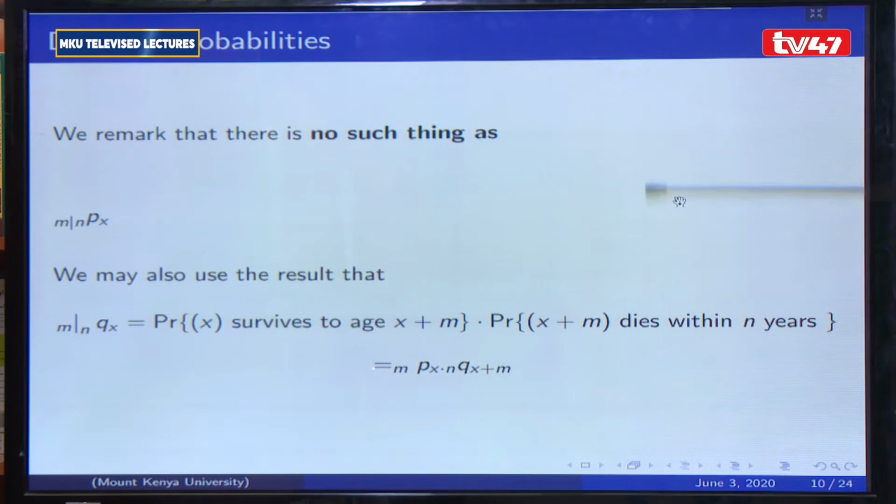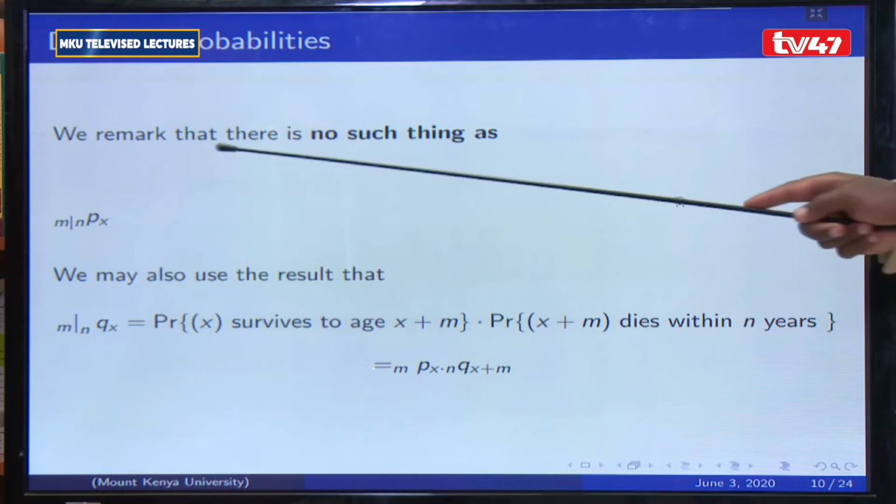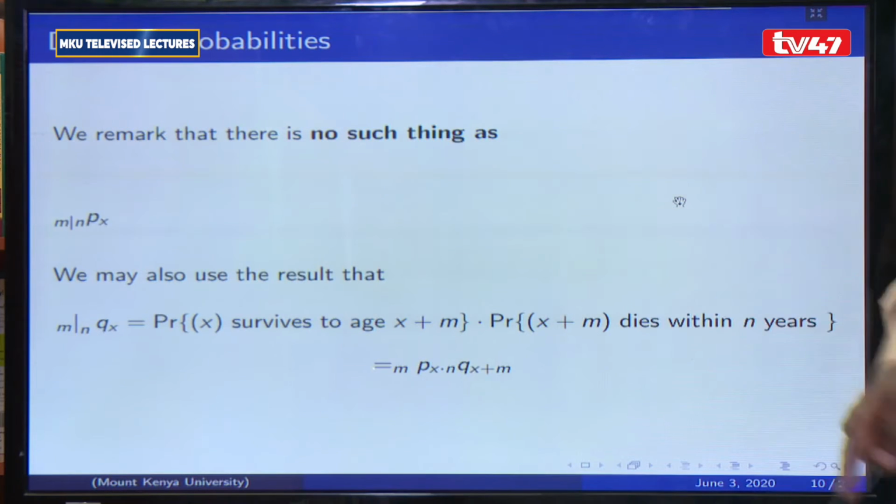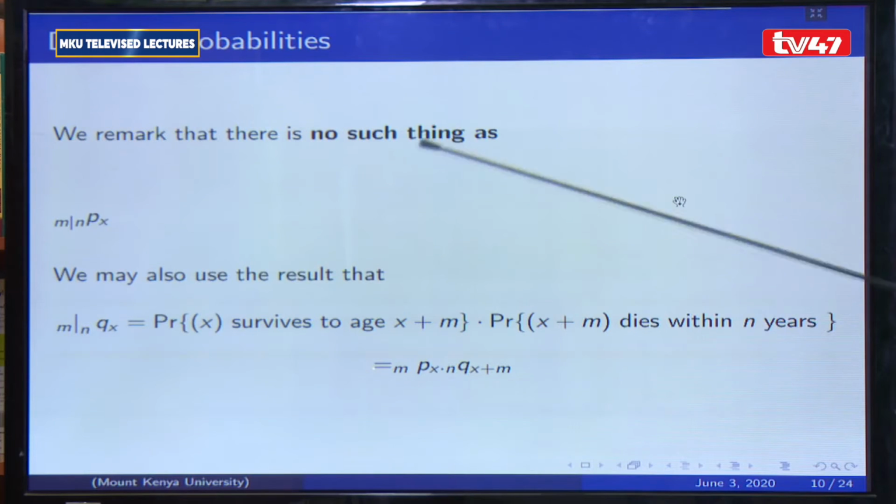We can note that there is no such thing as m vertical bar n p x, because p is the probability of survival, the probability that a life of age x will be alive in the coming n years.